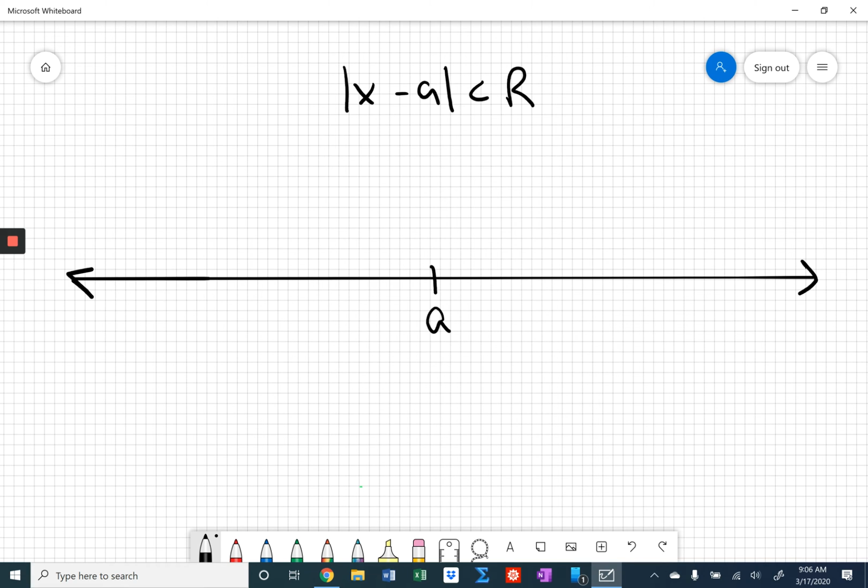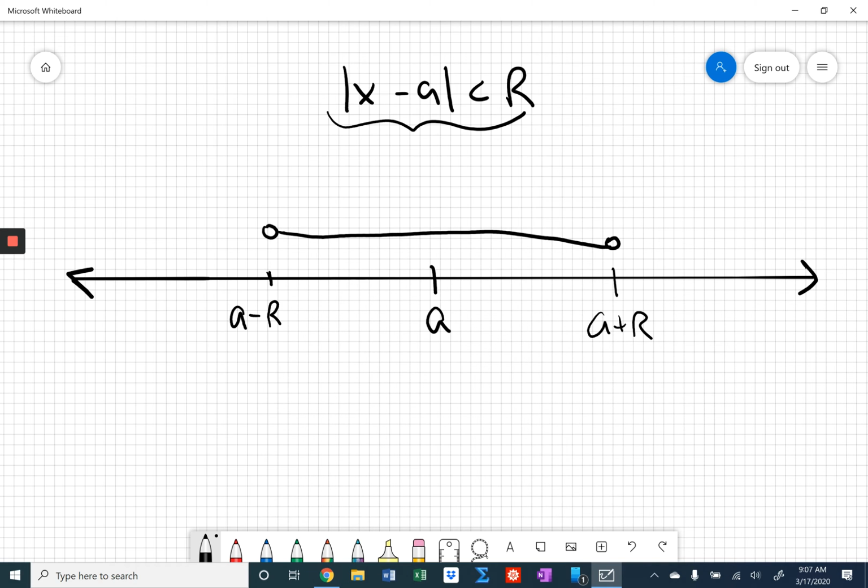So if you think about all values of x whose distance from a is less than r, that means if I go r units in each direction, over here this becomes a plus r, and I'm just approximating, and if I go over here r units, this is a minus r, then this inequality represents all the points from here to here, because those are all the points whose distance from a is less than r.